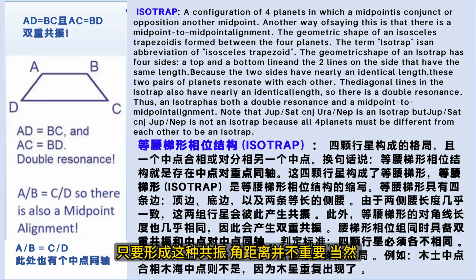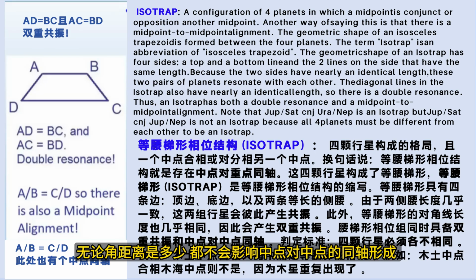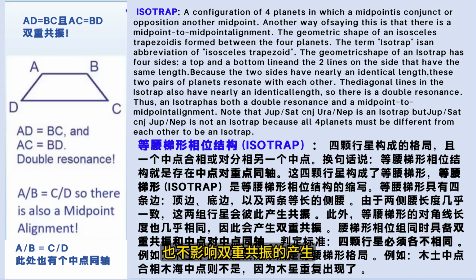Of course, if there's some particular aspect involved, like suppose the BC is a sextile and the AD is also a sextile, well, you have sextiles as well. That would be important. That would add to the meaning of what's going on. But it doesn't matter what those angular distances are to make the midpoint to midpoint alignment and to make the double resonance.